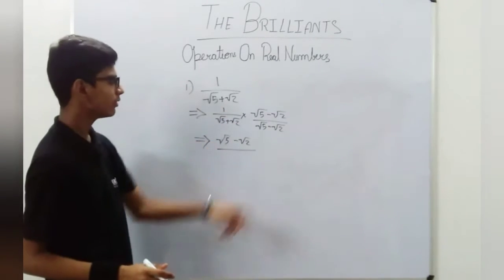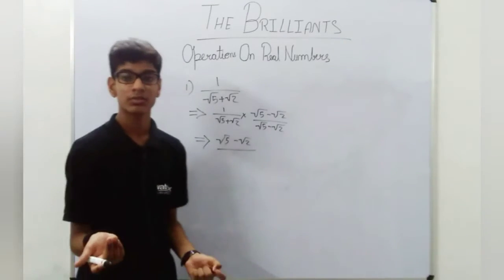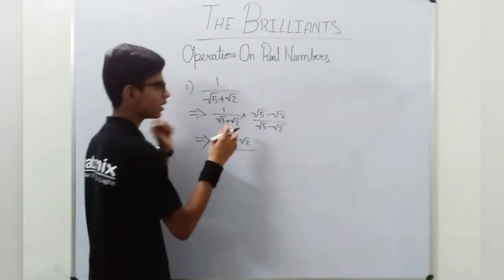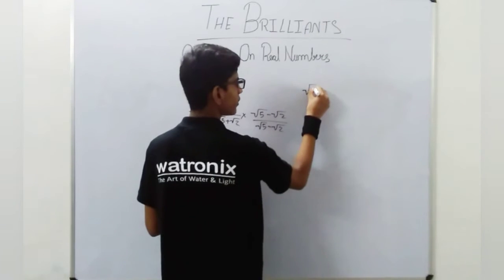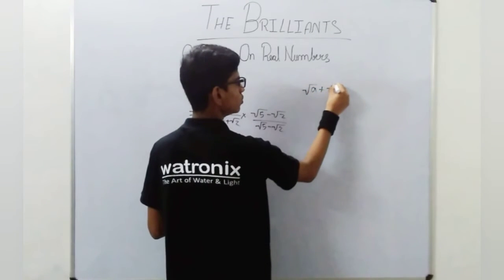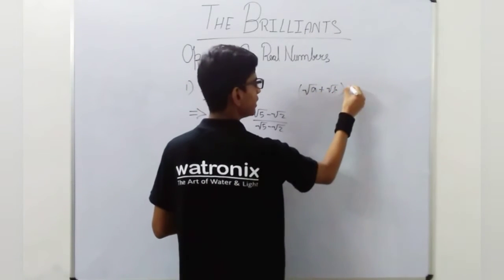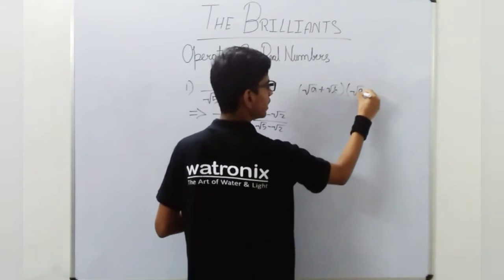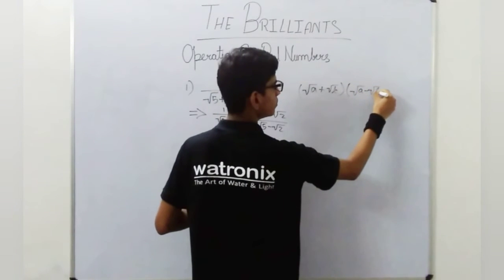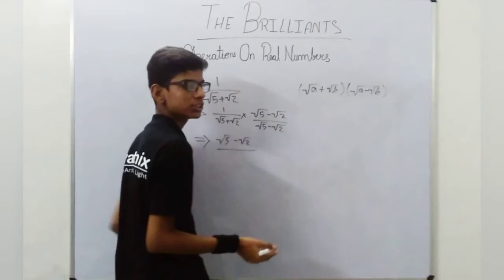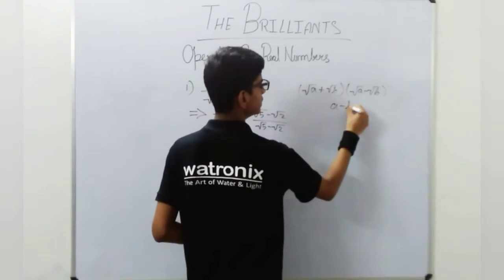Now we can see that we have studied an identity. What was that? (√a + √b) multiplied by (√a − √b) is equal to a − b, simply.